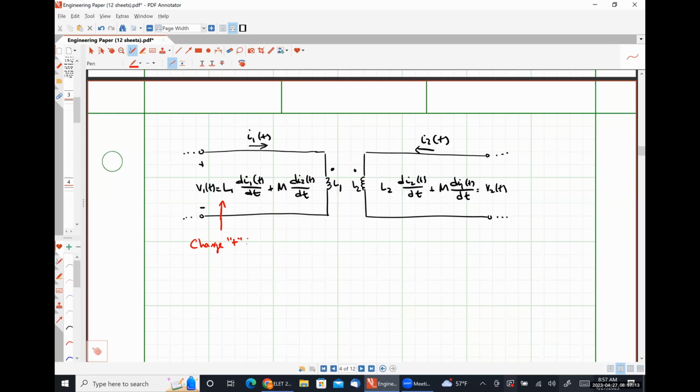Change this plus to minus if I1 is counterclockwise. So if I1 is actually flowing in the opposite direction, because we're going to choose the direction, we'll get to that in a moment, we would put a minus sign out front. We'll change this plus to minus if I2 is clockwise.